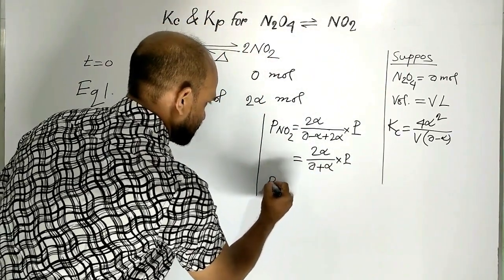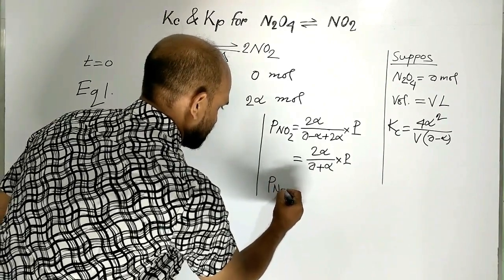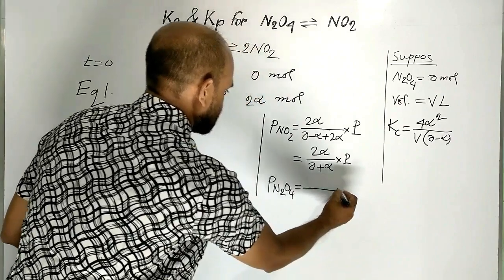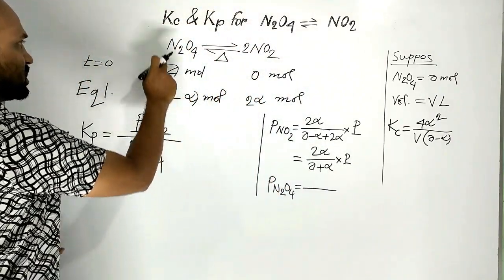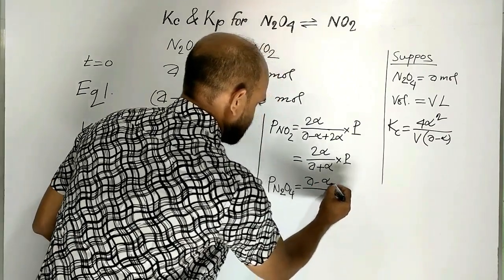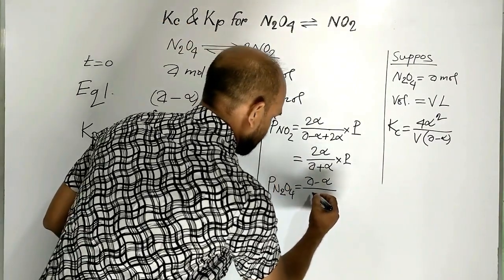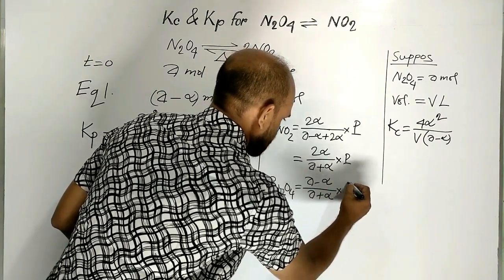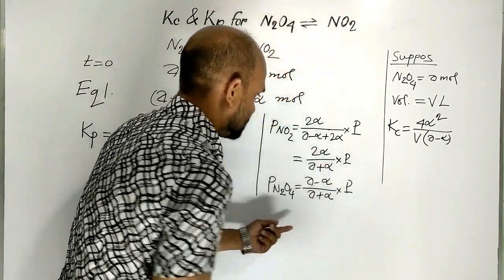Now partial pressure of dinitrogen tetroxide is equal to number of moles of dinitrogen tetroxide, A minus alpha, divided by total number of moles in the reaction system, A plus alpha, into total pressure of the reaction system.